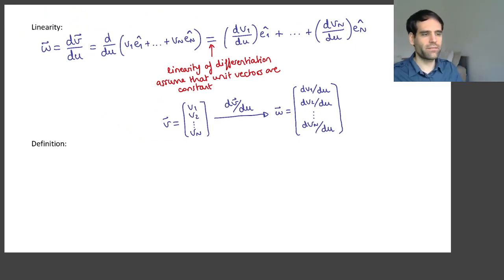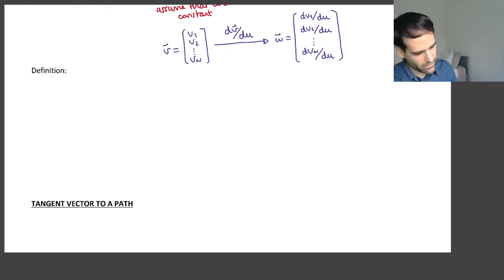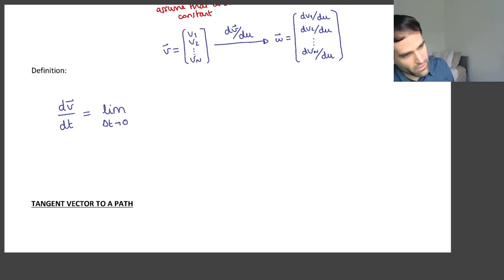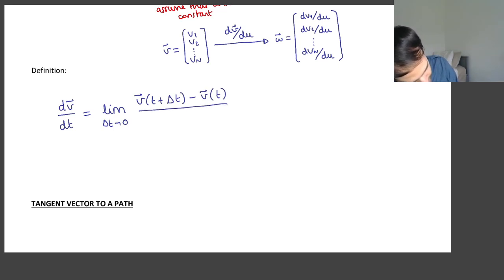Now let's talk about the interpretation. Or even before talking about the interpretation, let's talk about the definition. How do you define the derivative of a vector? This is how it's formally defined. The derivative of vector v with respect to a variable t is equal to the limit when delta t goes to 0 of vector v evaluated at t plus delta t, minus the vector evaluated at t, divided by delta t.